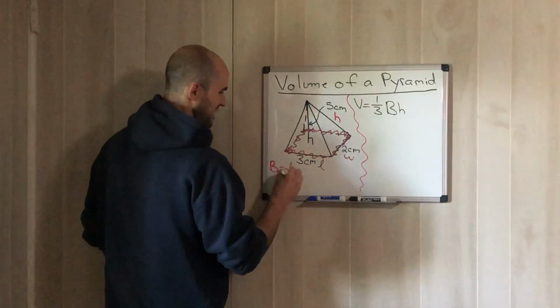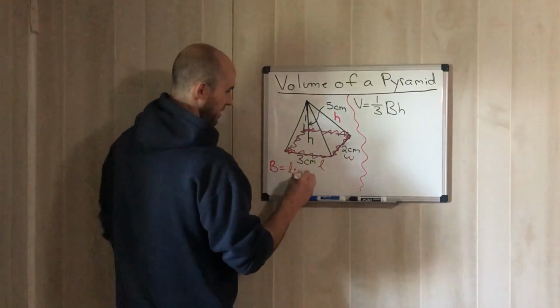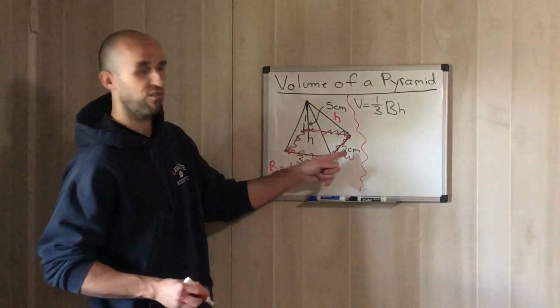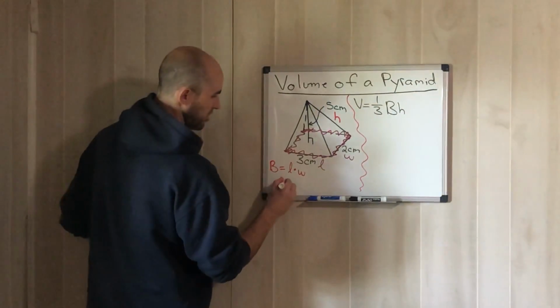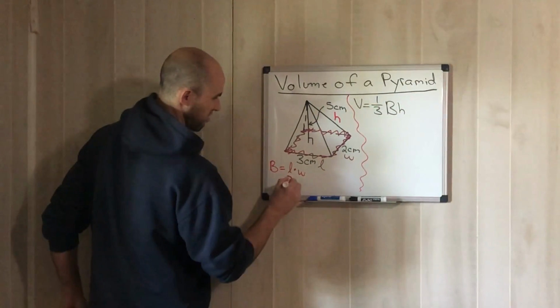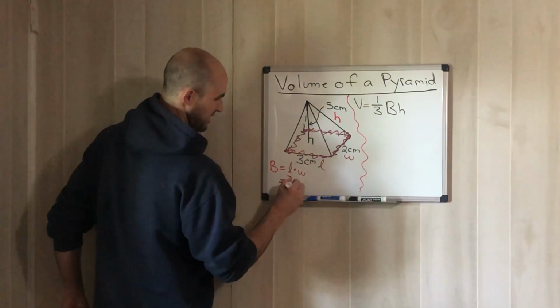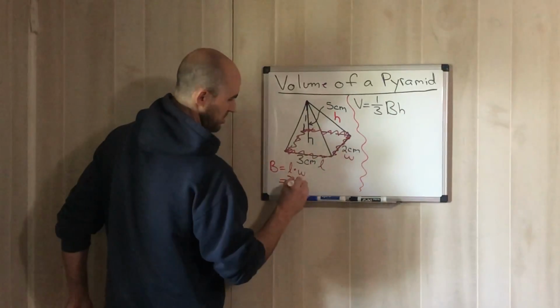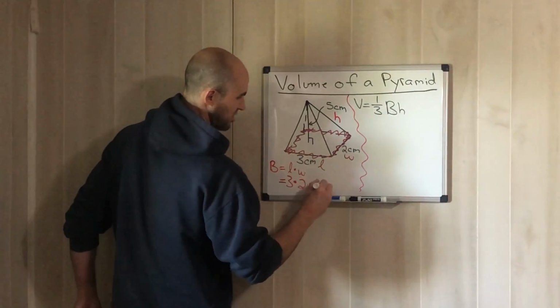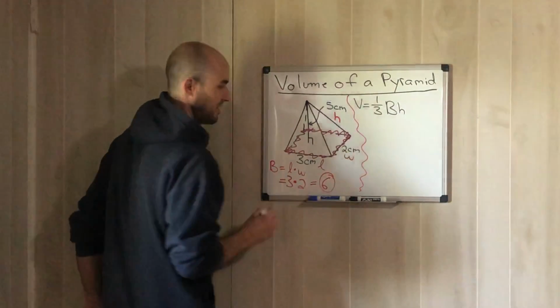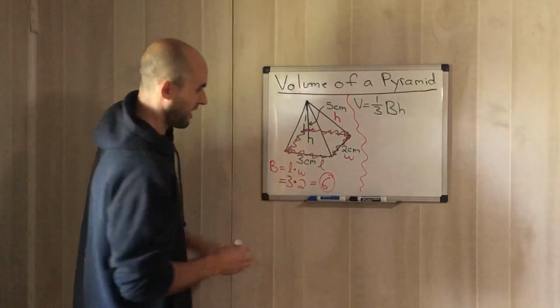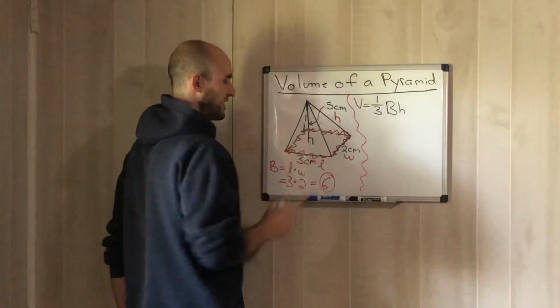In this case, the length is 3 and the width is 2. So length 3 times width 2, and 3 times 2 gives you 6. So we know that the base is 6, and we know that the height is 5.